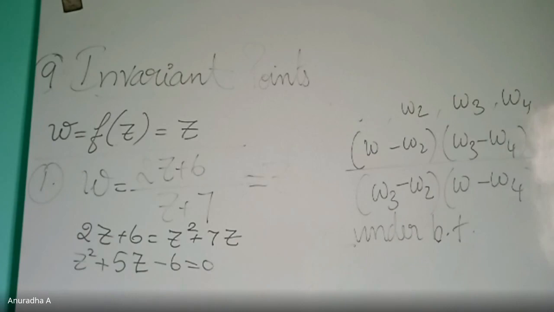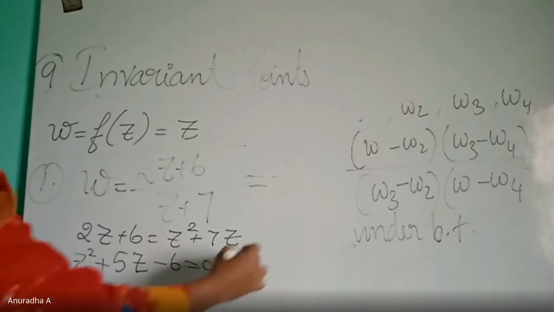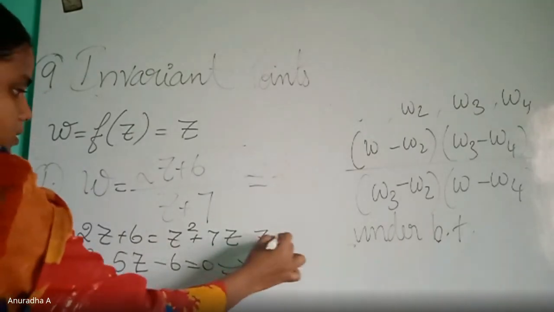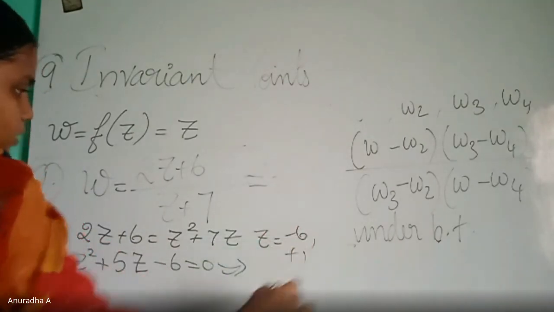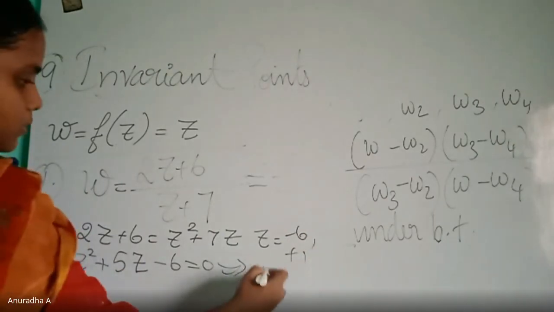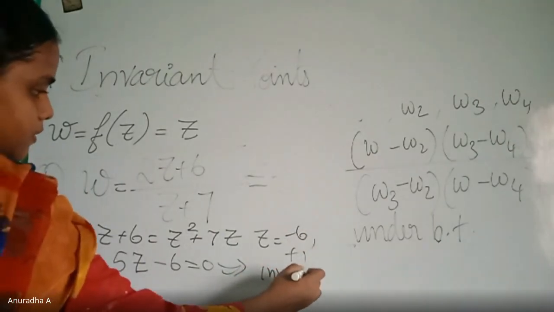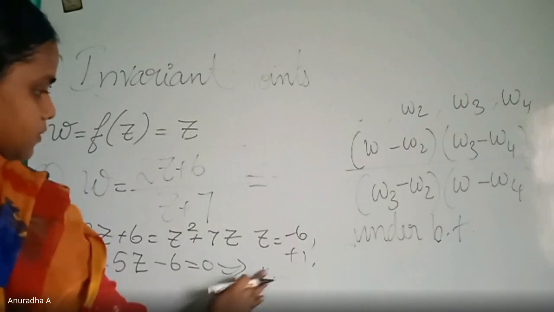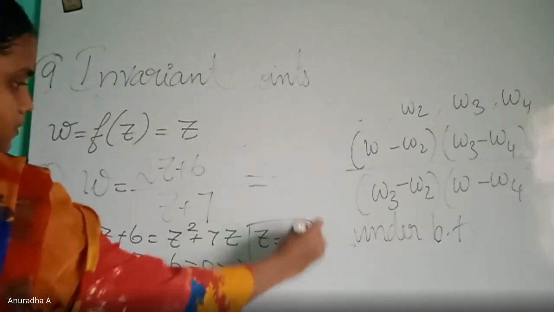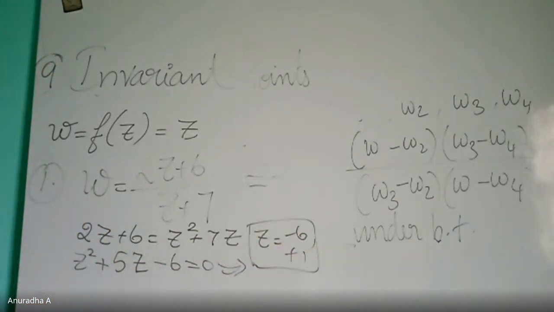So what are the factors? 6 and 1, plus 6 and minus 1. So from here z equal to minus 6 and plus 1 are the invariant points. See, very easy to do part A question. So these are called the invariant points.